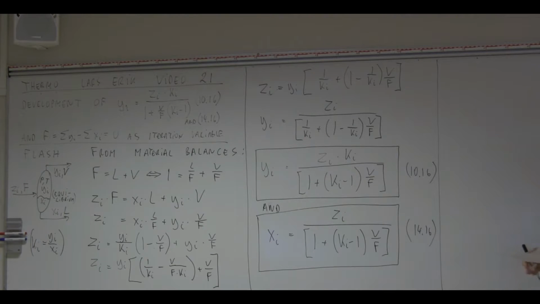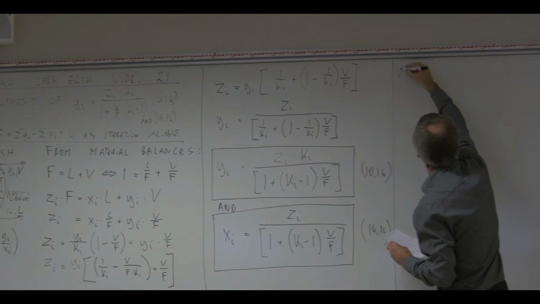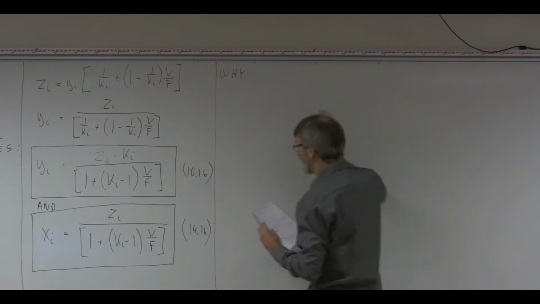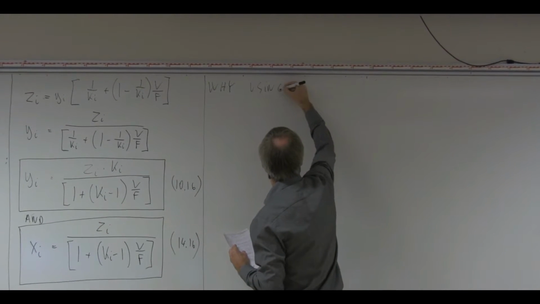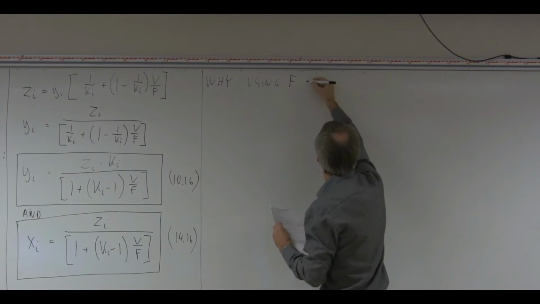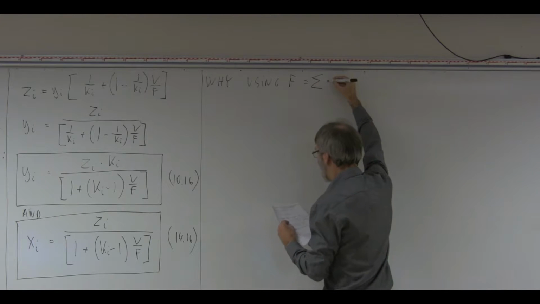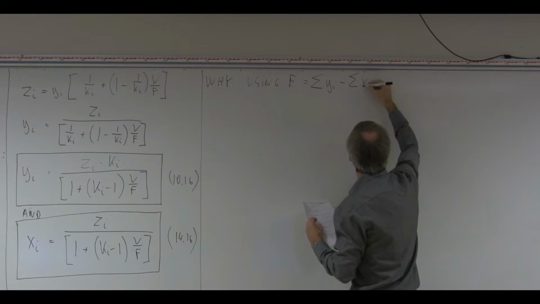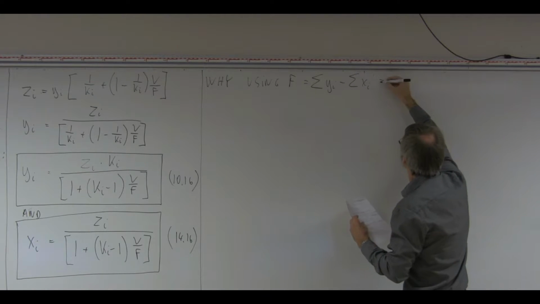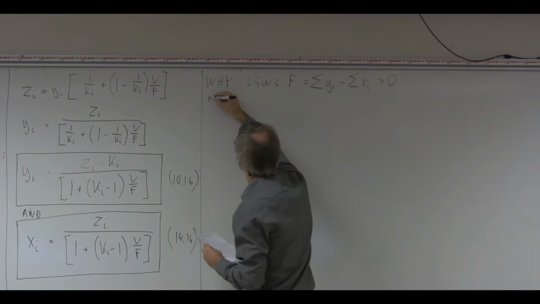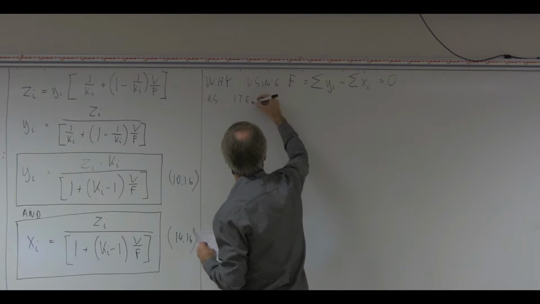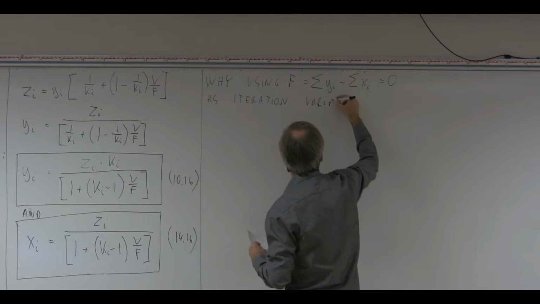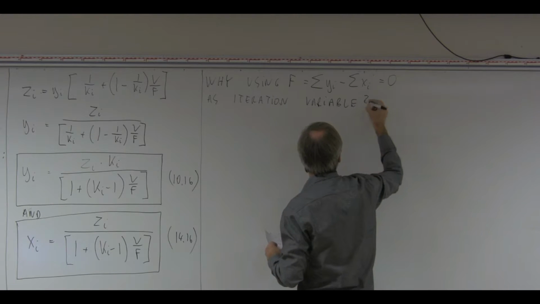we go further, and then I put up a question: why use a function which is the sum of y's minus the sum of x's equal to 0 as an iteration variable.